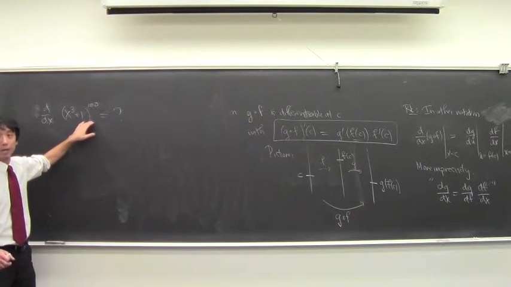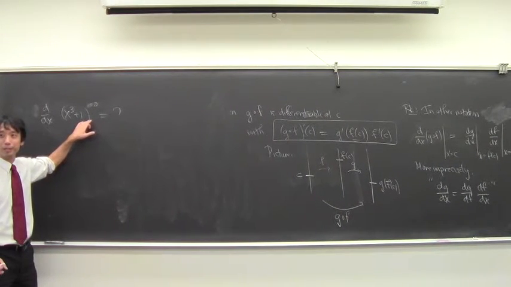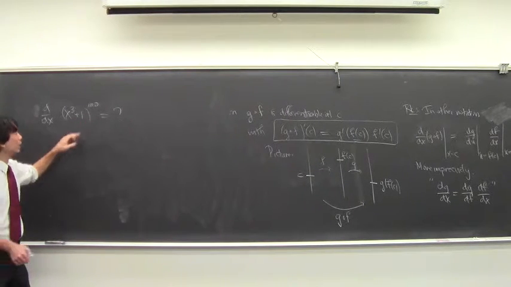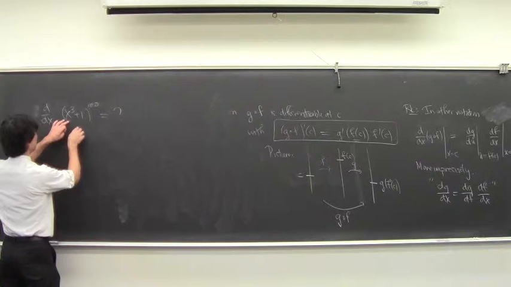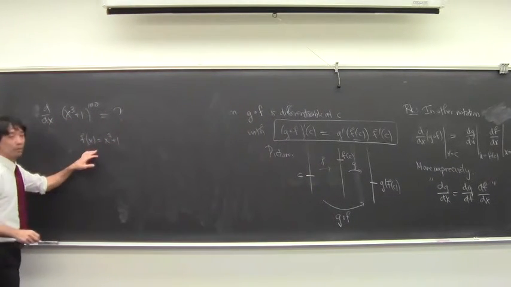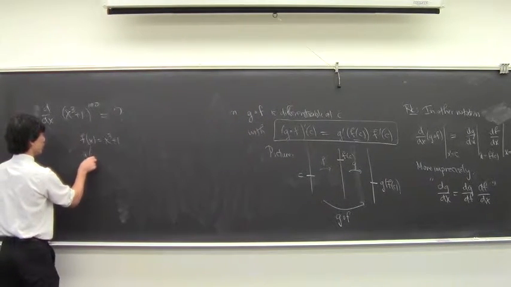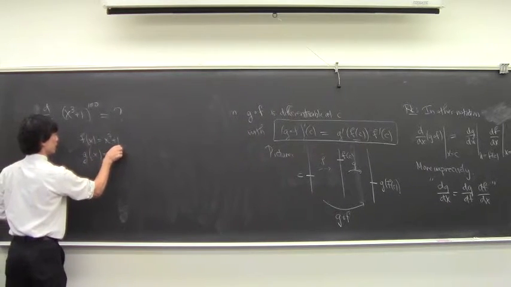What are our two functions? Shannon? X to the 100 and then x cubed. Okay, so first, say f of x is x cubed plus 1. That's one function, and then you've got this other function g of something that's something to the 100.